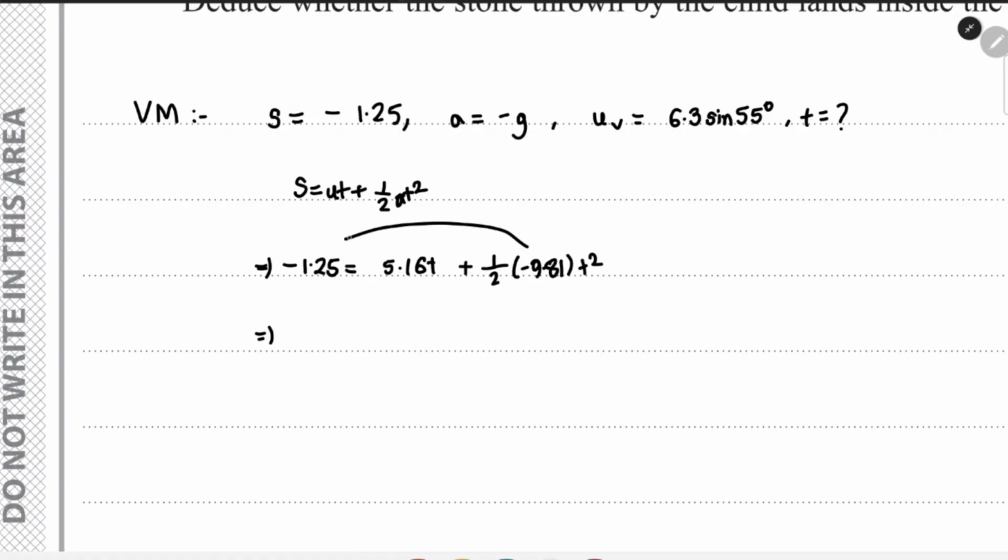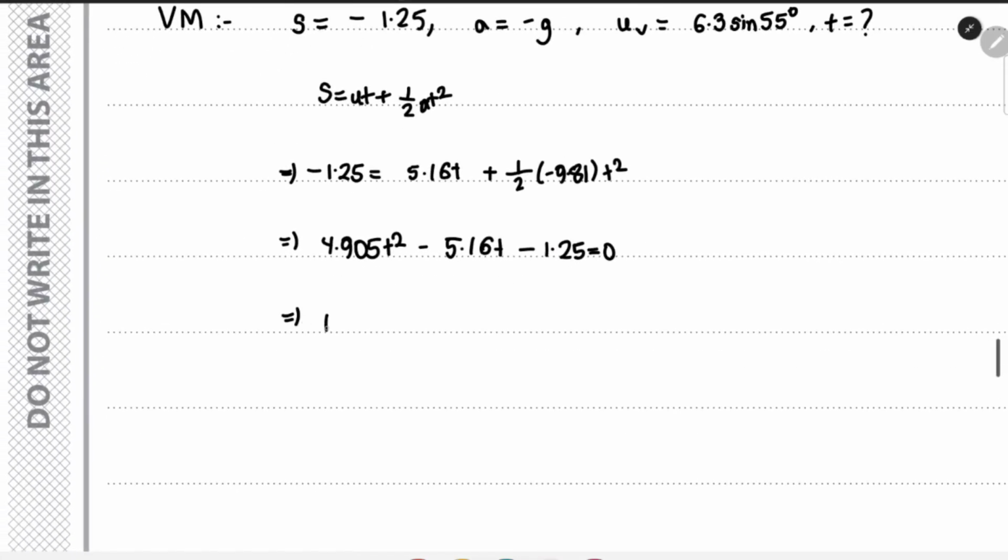From here I move everything to the left. In that case I get 4.905 t squared minus 5.16 t minus 1.25 equals 0. We solve this for t and we get the values of t to be 1.255 and minus 0.203. Since this is time, we don't consider the negative, and we get this value for the flight time.